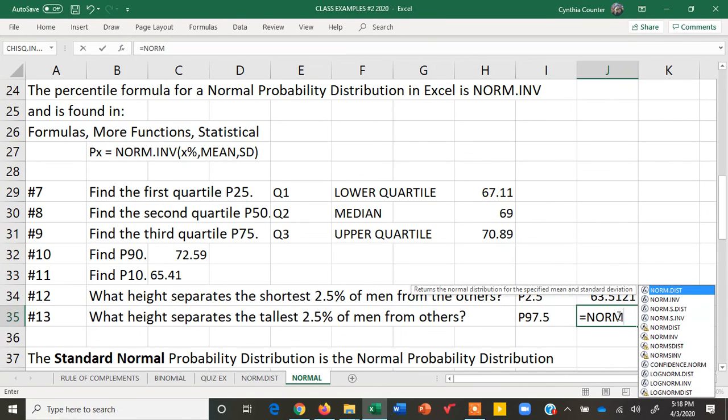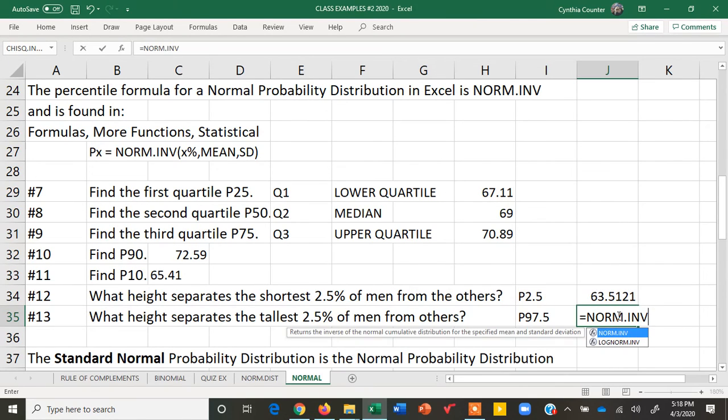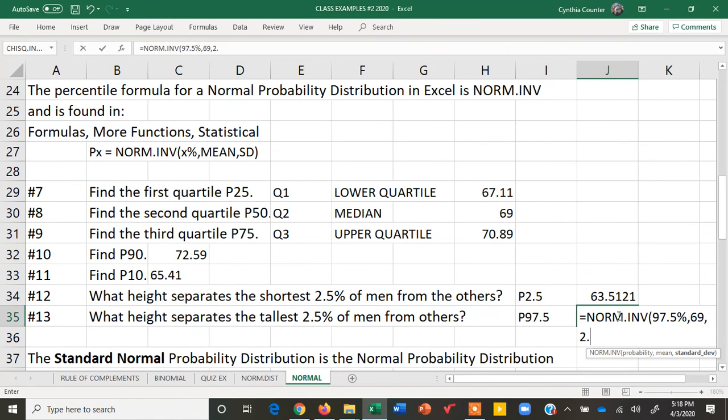And now if we want to separate the tallest 2.5% of men from the shortest 97.5% of men, we can do 97.5%, comma, 69 for the mean, 2.8 for the standard deviation, and we have 74.5 inches is the height that separates the top 2.5% from the rest.